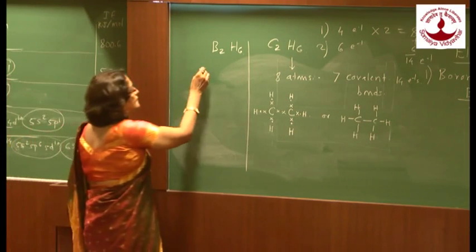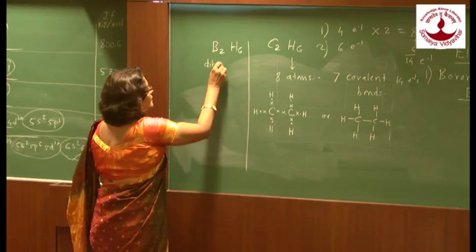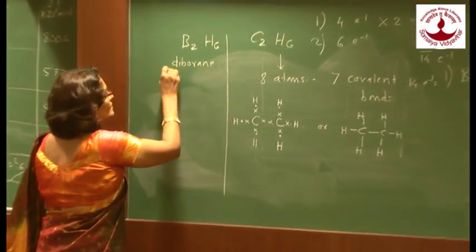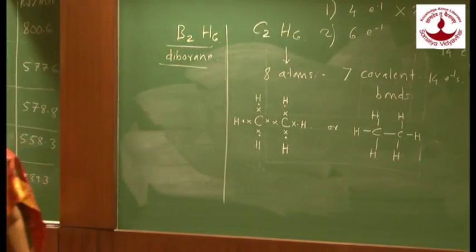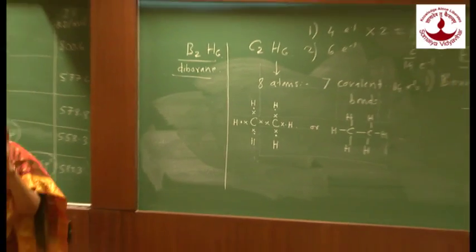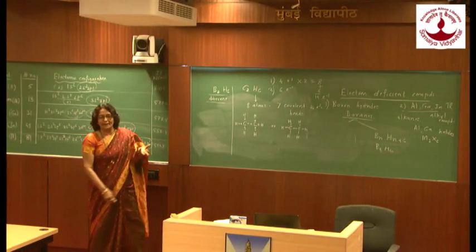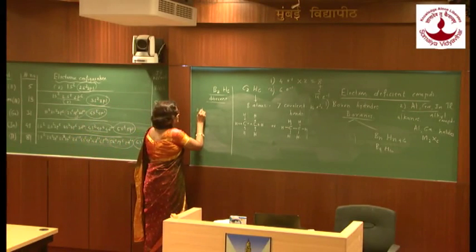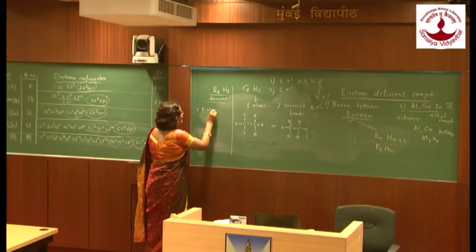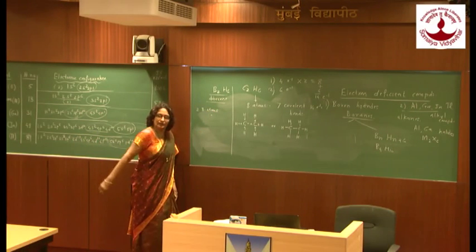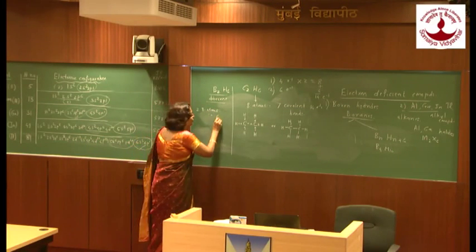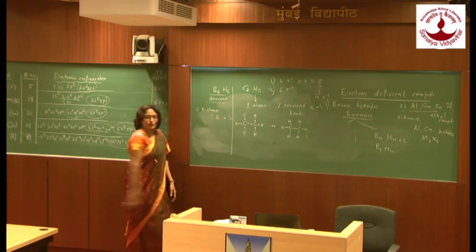Now let us consider the example of diborane. In diborane, for each boron atom, how many valence electrons are there? There are 3 valence electrons. So 2 boron atoms contribute how many? They contribute 6 electrons.